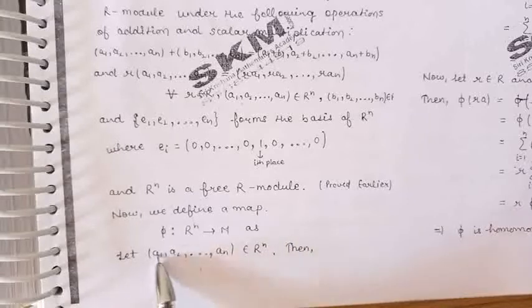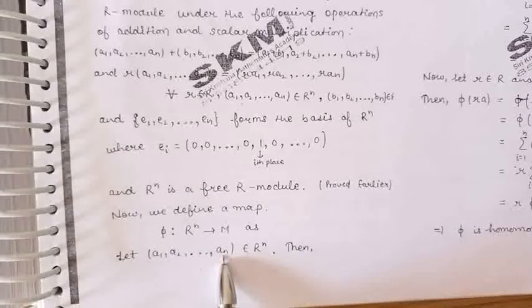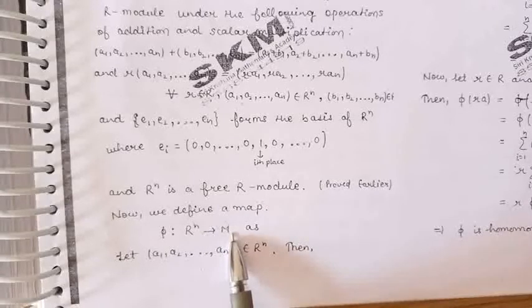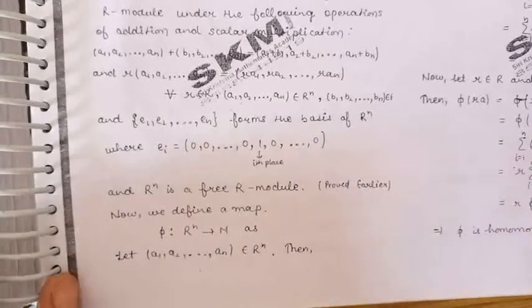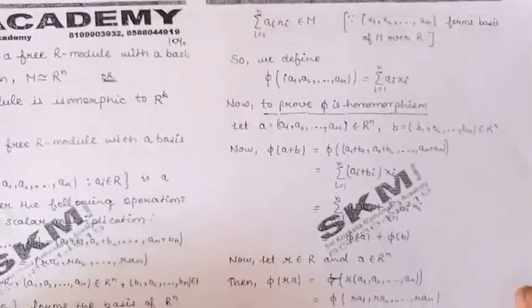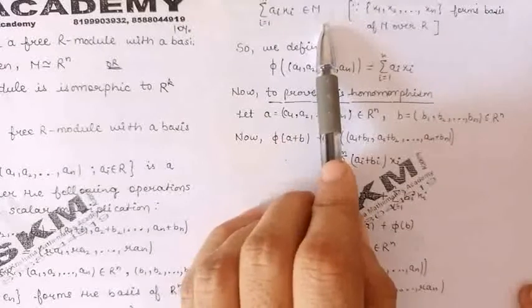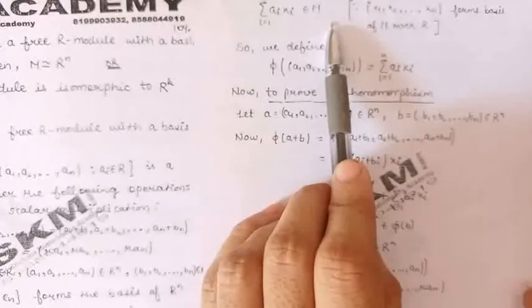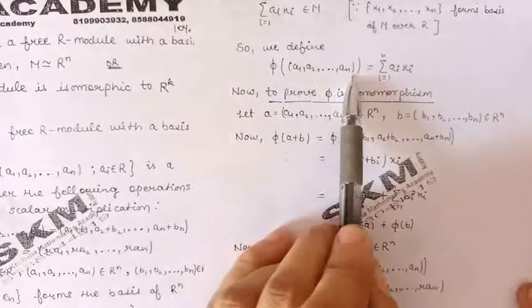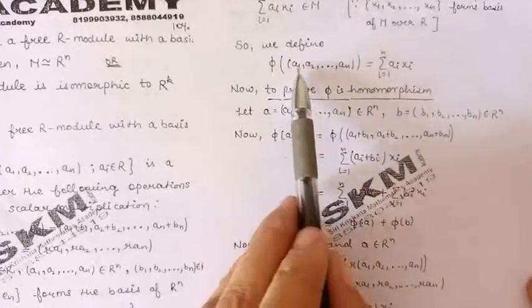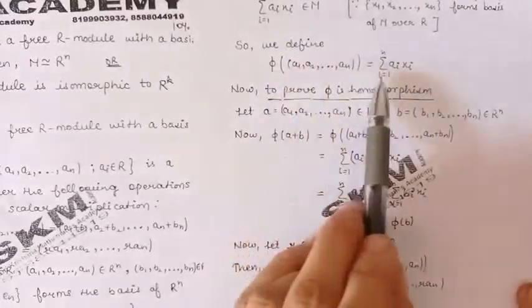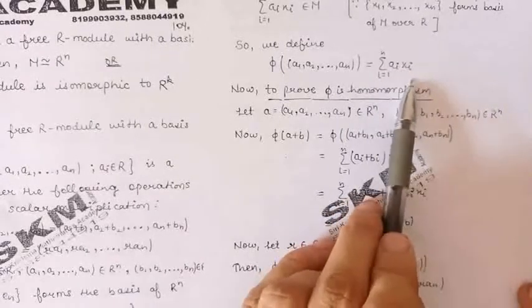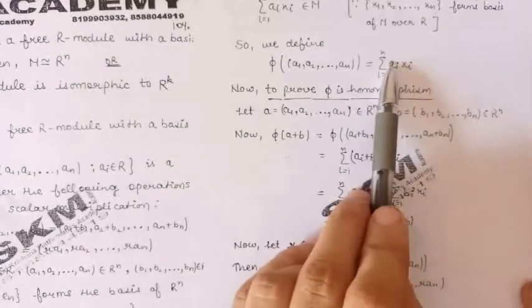By definition, a1, a2, a3 up to an are elements of R. And because M has the basis consisting of elements x1, x2, x3 up to xn, the linear combination summation a_i x_i will be an element of M. So we define the mapping: the image of this element having components a1, a2, a3 up to an under the mapping phi is summation a_i x_i, where i varies from 1 to n.